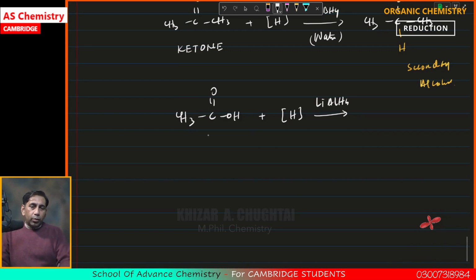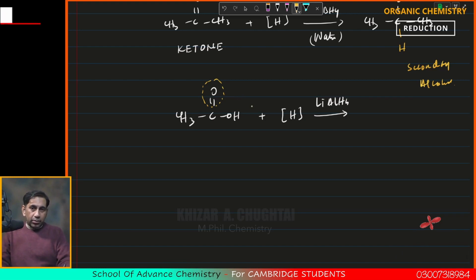Let's see over here. What is this one? This is the carboxylic acid. And this time, this is a little bit different mechanism. There is the removal of this whole group. The whole oxygen of the acid is removed, right?